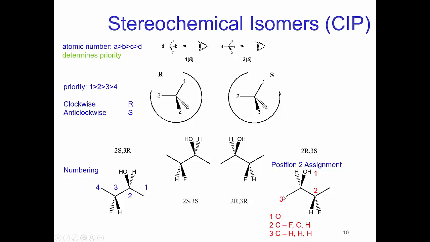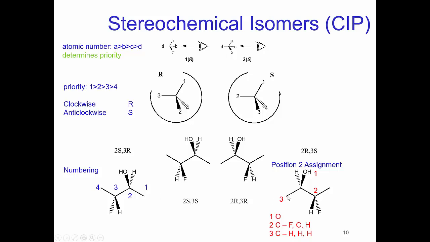And this position here has a hydrogen, a hydrogen, and a hydrogen. So this one, which we're giving priority to, is priority 2 because this fluorine is the highest atomic number of all of the atoms we see here, right? And so that's all it takes. It takes this one atom of the highest priority to say this position is higher priority than this position.